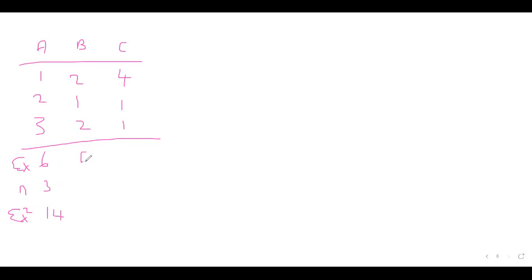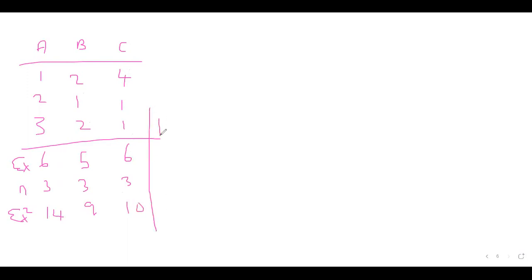Here we add them, 5. How many are they? 3. 4 plus 1, 5. 5 plus 4, 9. You sum them up here, 6. How many are they? 3. 4 plus 1 plus 1, 10.